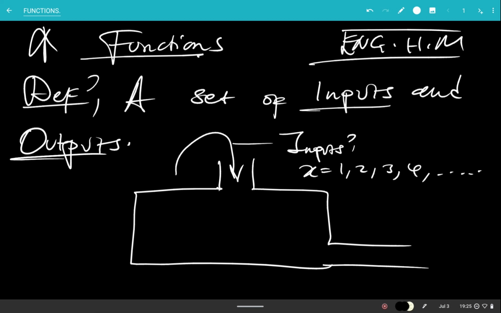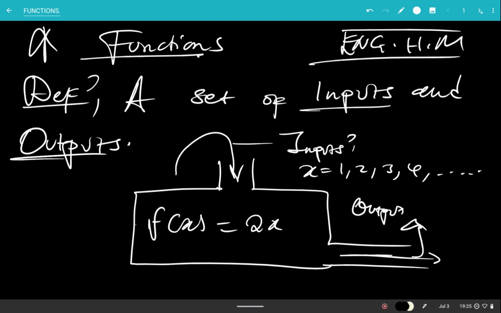Then if this machine right here is my function, I can define this function to be something. I can call this f of x being defined to be 2x. Now whatever I get out of this machine, which is my function, is regarded to be my output, which are the y values.